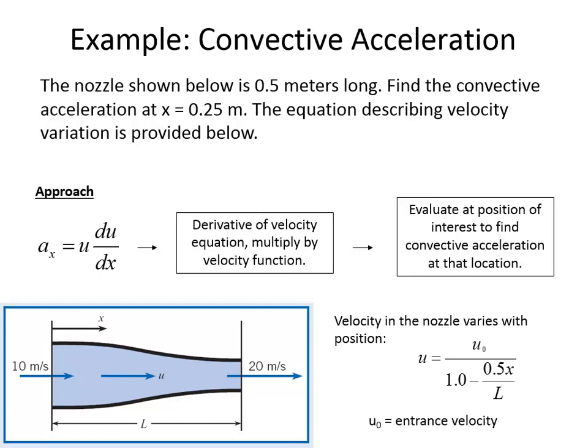So we get into the weeds of the calculus there for a little while, but what we're saying is we're going to take the derivative of the velocity function as a function of position, trying to find out how the velocity changes as we move through this nozzle.